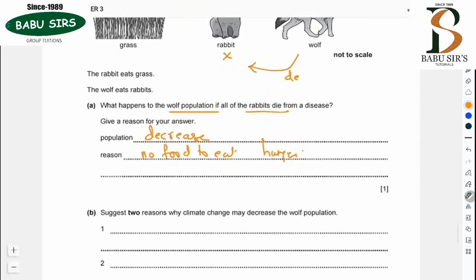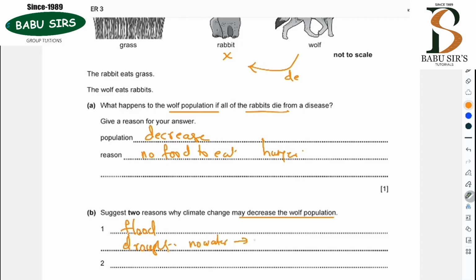Second question is, suggest 2 reasons why climate change may decrease the wolf population. Now climate change means you can put flood, which is excess water, or you can put drought. Drought means there is no water.